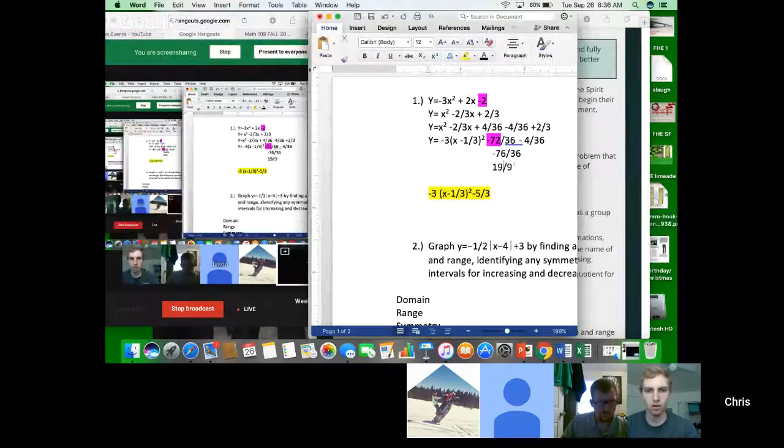So we got 4/36 because 2/3, and half of that is 2/6, and so then you square the 2/6, and you get 4/36. Well, 2/6 is 1/3. If you square 1/3, it equals 1/9. Oh, that's true. So I think that's where we're messed up.